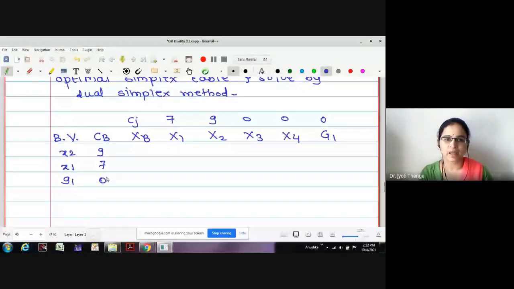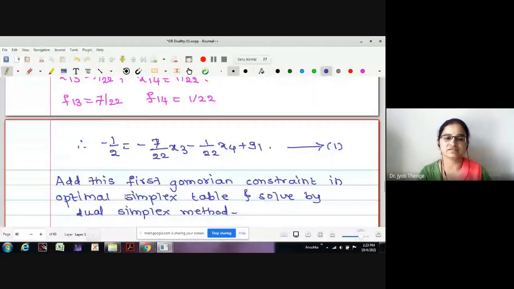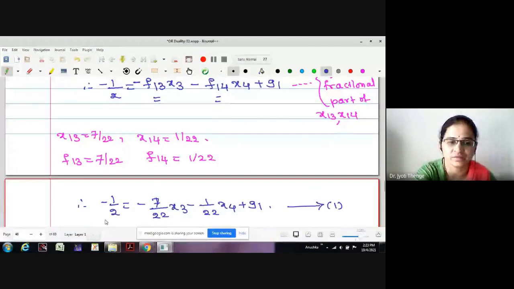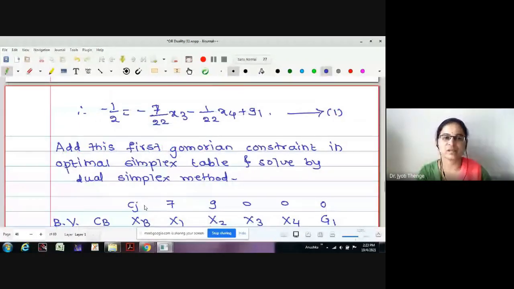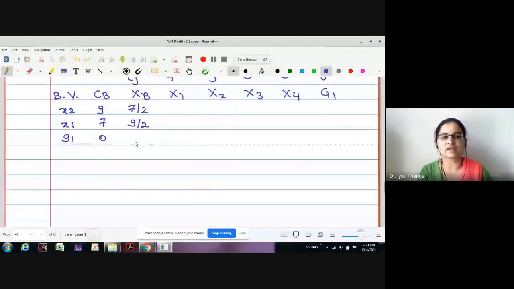What are the values of XB you have told me? 7 upon 2, 9 upon 2. What is the value of G1? That is the right hand side. Yes, it is minus half. And as the value is minus half, it is disturbing the feasibility, right? This is the negative entry. Now we want to remove this negative entry by using the dual simplex table.